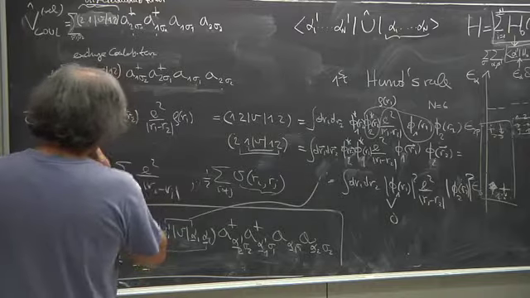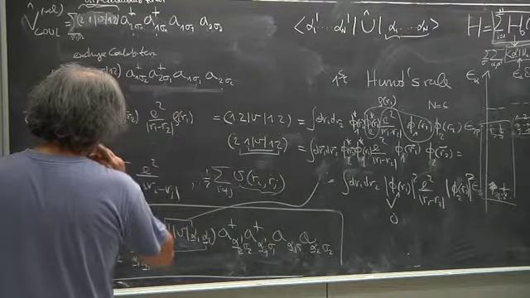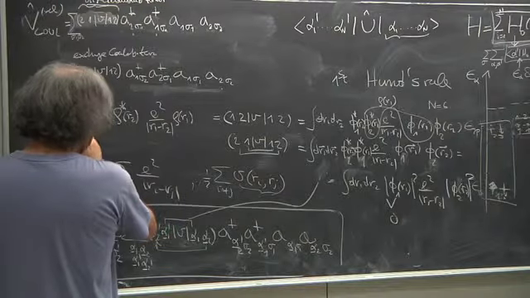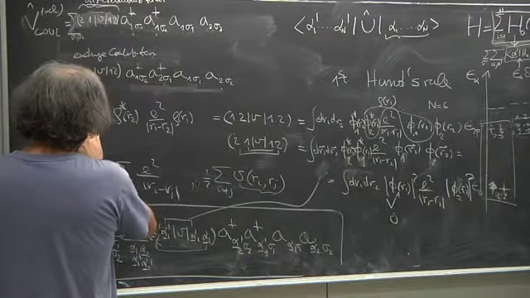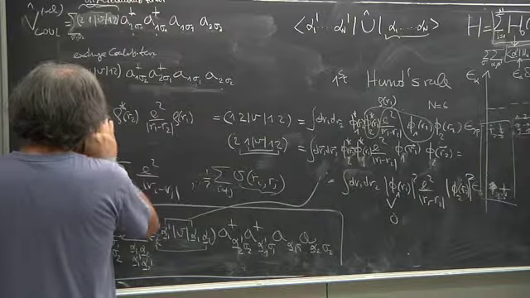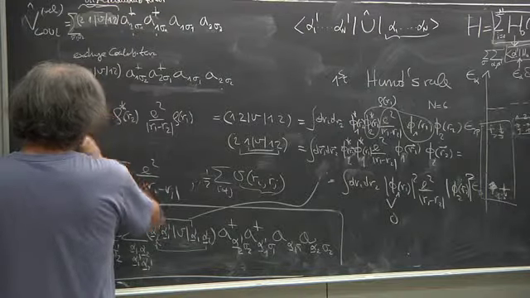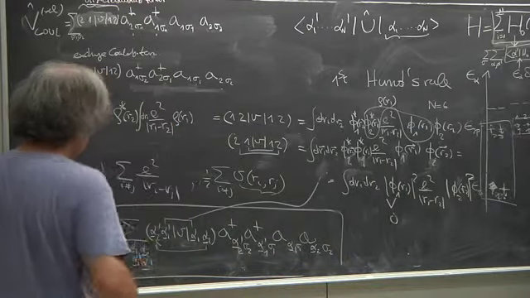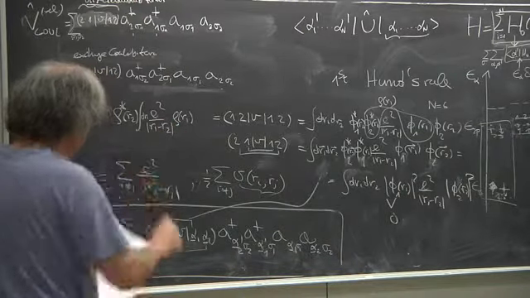If you look at this object, you see that it is a convolution. Write this as integral in dr2, and then I have here an integral in dr1, okay, of this.